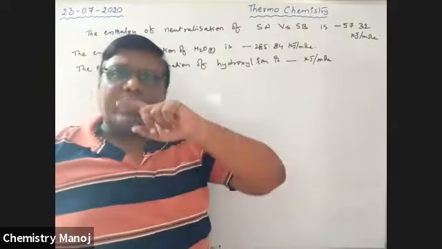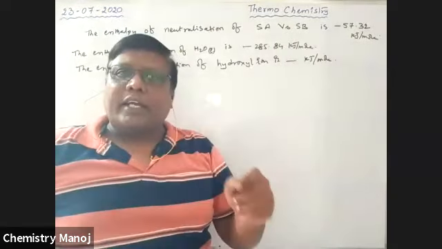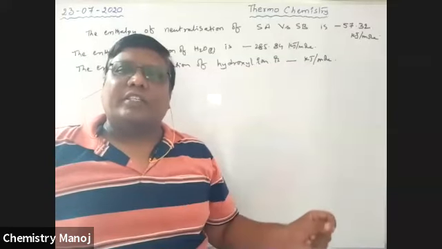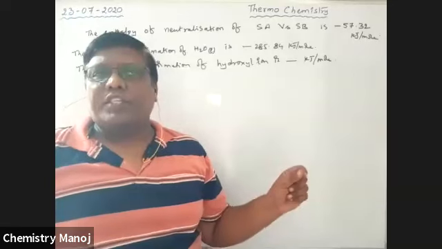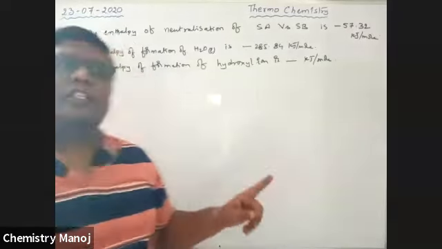So the enthalpy of neutralization of strong acid versus strong base is 57.32. The reaction is H plus aqueous ion plus OH minus aqueous ion gives H2O, an undissociated water molecule, liquid. During that process, energy is released.